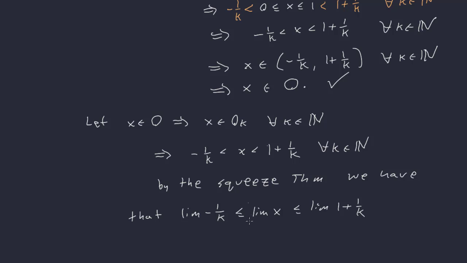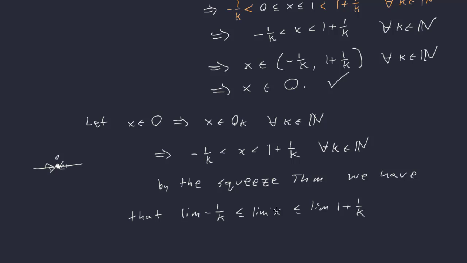Now note, we're doing less than or equal to mainly because when you're talking about limits, they can be greater than each other always, but their limits could be the same, right? So one could always be strictly greater than 0, and the other one could always be strictly less than 0, but both converge to 0.